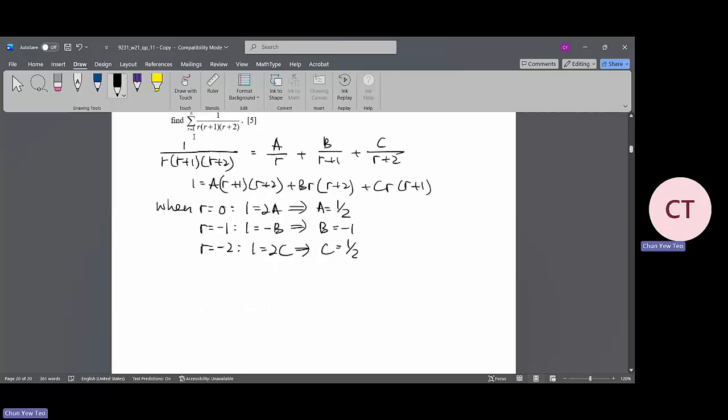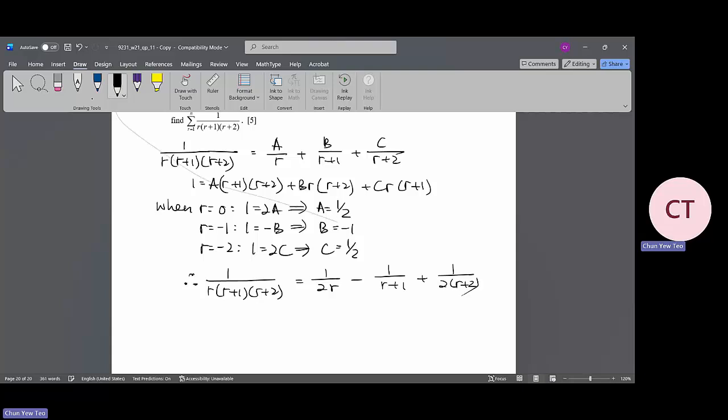Therefore, the decomposition of this fraction will be 1 over 2r minus 1 over r plus 1 plus 1 over 2(r plus 2).